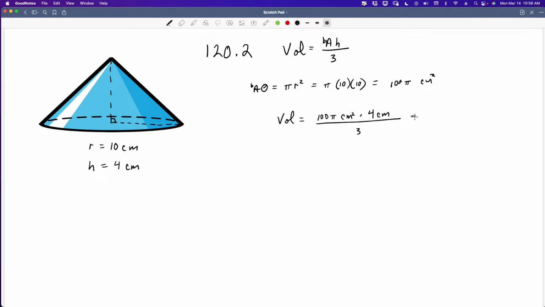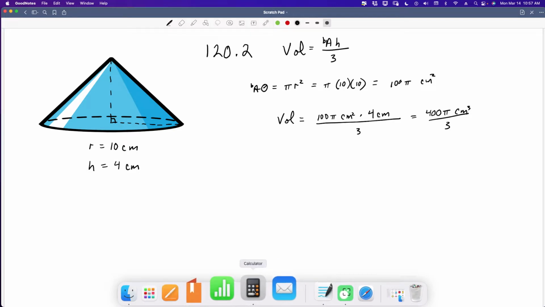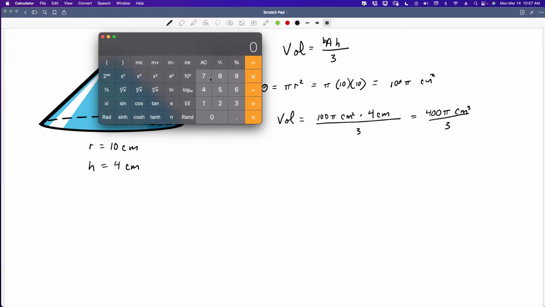So when we do the calculation, we get 400 pi centimeters cubed divided by 3. And what we can do is we can just go in here to our calculator and we can say 400 divided by 3 is equal to 133.33333. So we have a repeating decimal. If we wanted to, we can multiply that times pi.